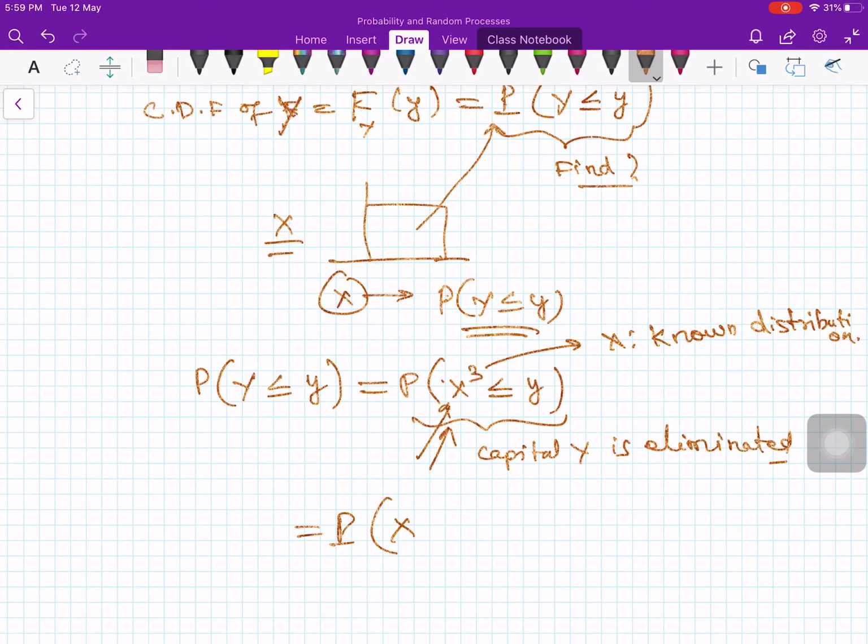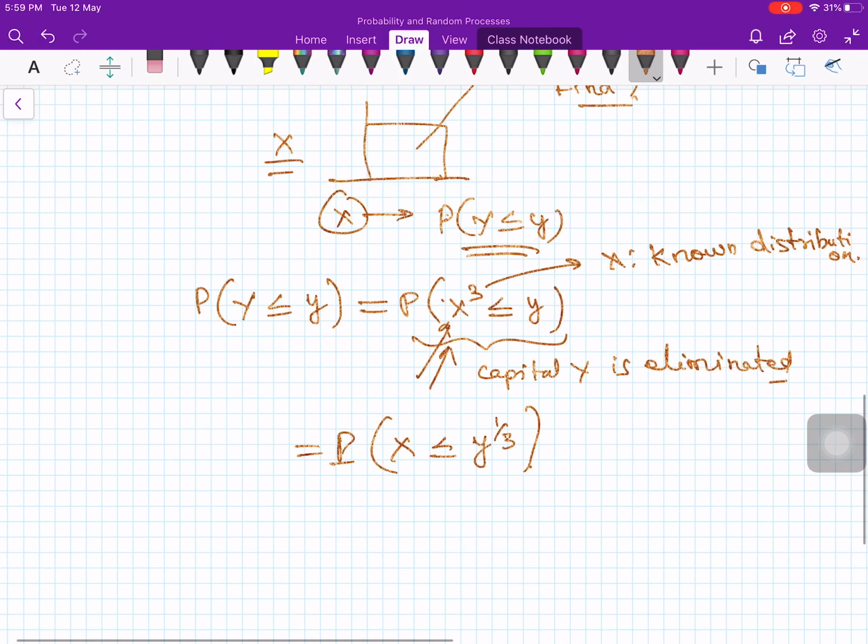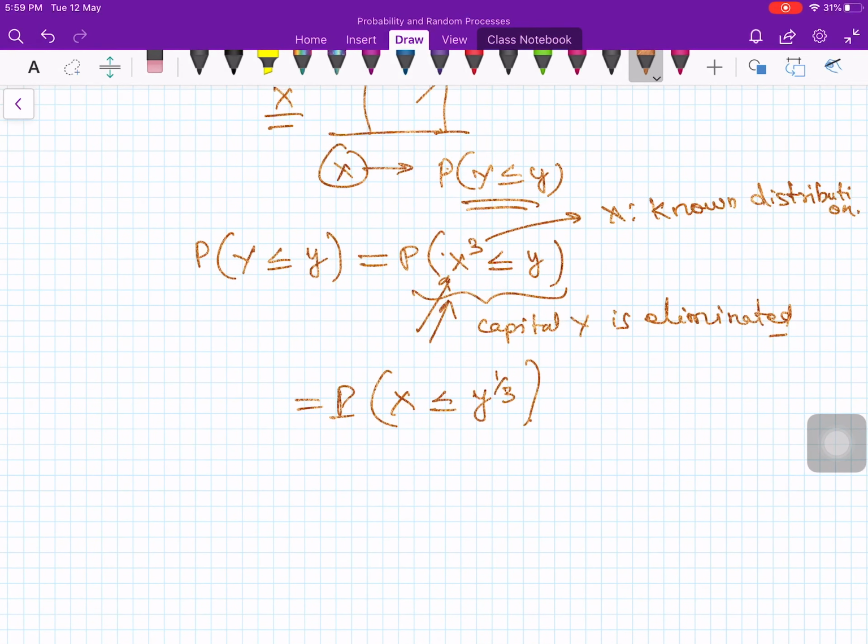To do that, take cubic roots of both sides of this inequality, so x is less than or equal to y to the 1/3. Now this event is the same as that event.